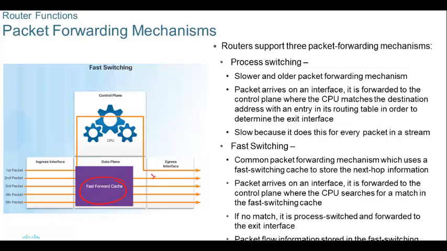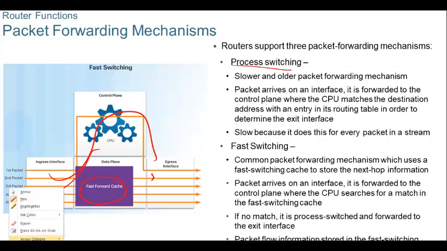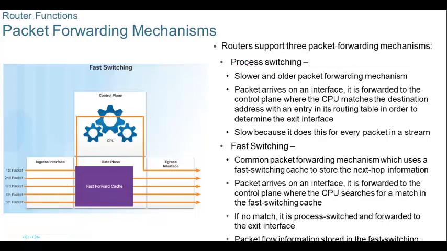In older days, every packet needed to go to the control plane, and that is called process switching. But with this one, only the first packet goes; from the second packet onwards, it just goes through the data plane. That is fast switching. Fast switching is less CPU intensive, it's faster.